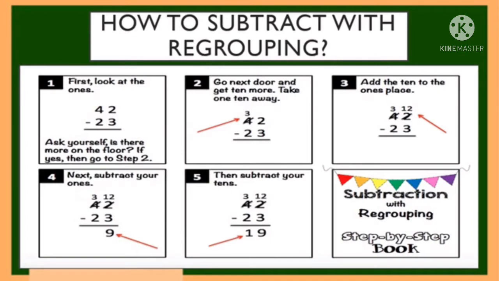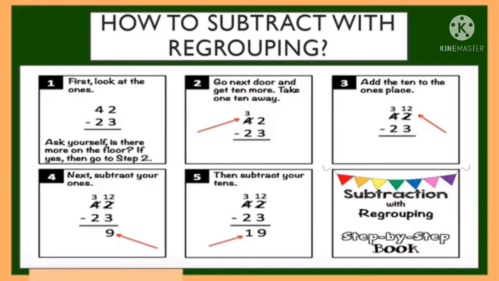That is what we call the borrowing of numbers, right? We will borrow from the tens place, and the number for that specific place or digit, we will minus 1, and then on the ones place, we will add 10.